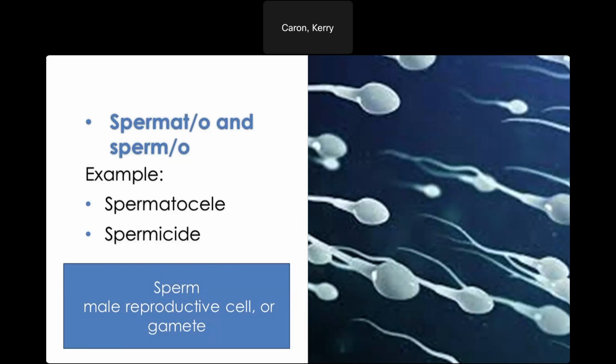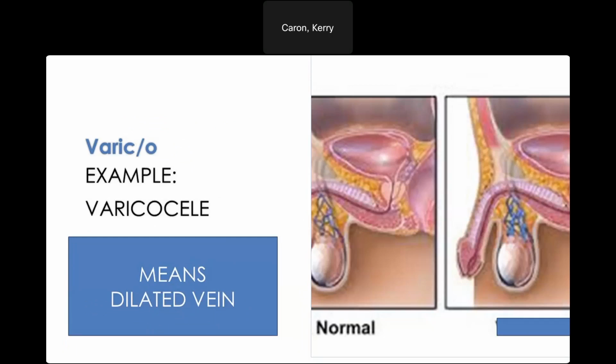Spermicide, cide meaning killing, is something that's meant to kill off sperm, as in birth control. Varico is referring to a dilated vein. So a varicocele is a herniation or dilation of a vein.